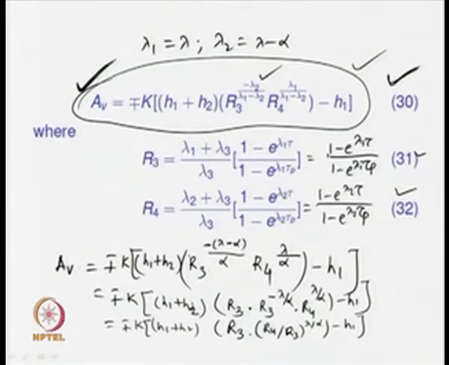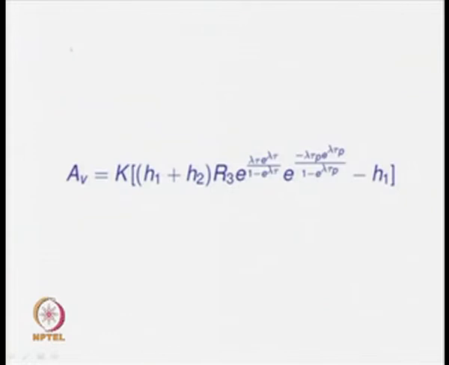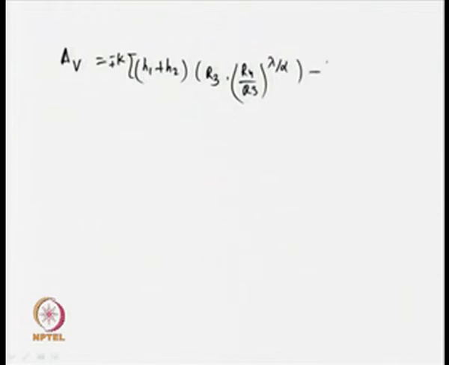Now, we have got AV expressed in the form of minus plus k H1 plus H2 times R3 with R4 by R3 to the power lambda by alpha minus H1.